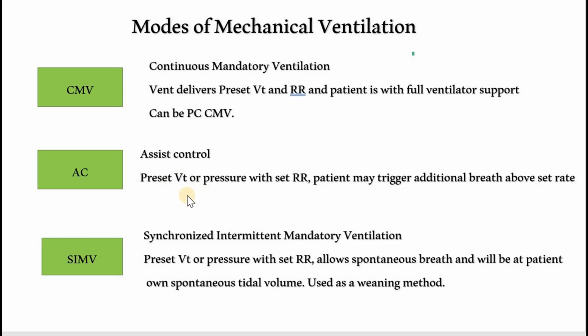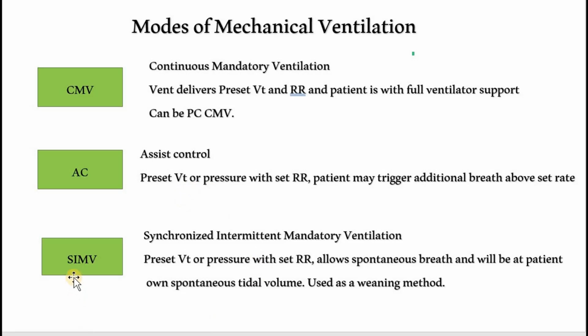So in 1 minute, if the patient takes 2 more breaths, the total number of breaths in 1 minute will be 12. That means 10 from the ventilator and 2 by the patient. But in each breath, including the ventilator breath and the patient breath, 500 ml is given by the ventilator.